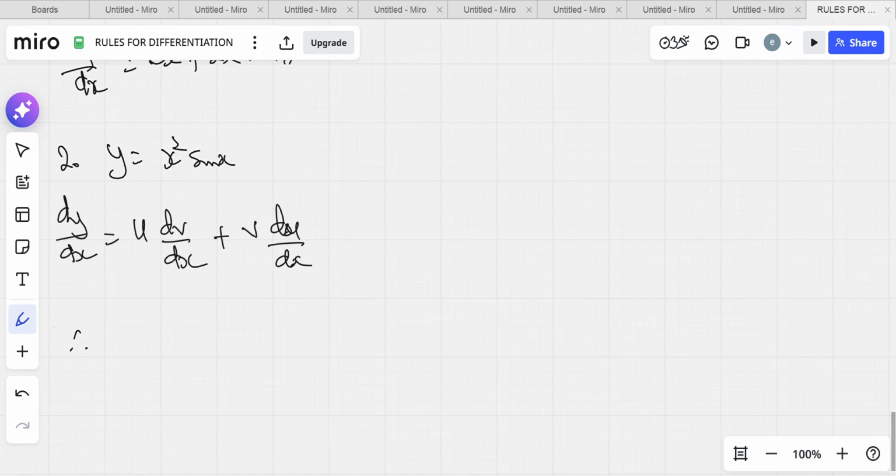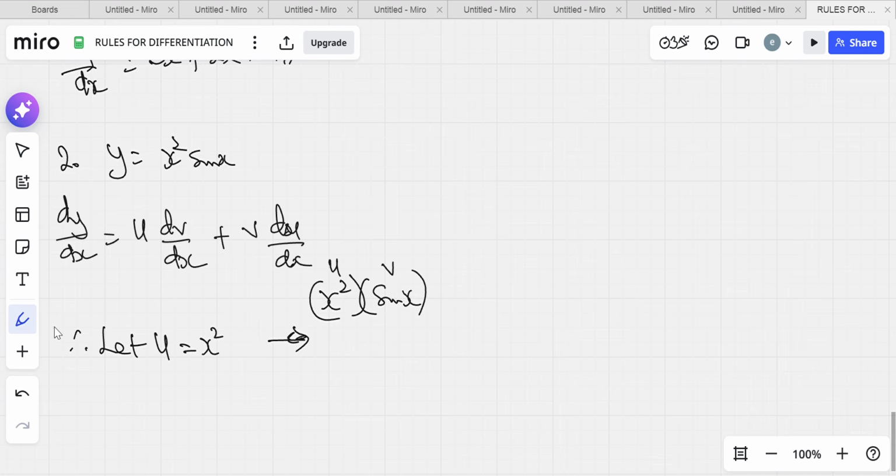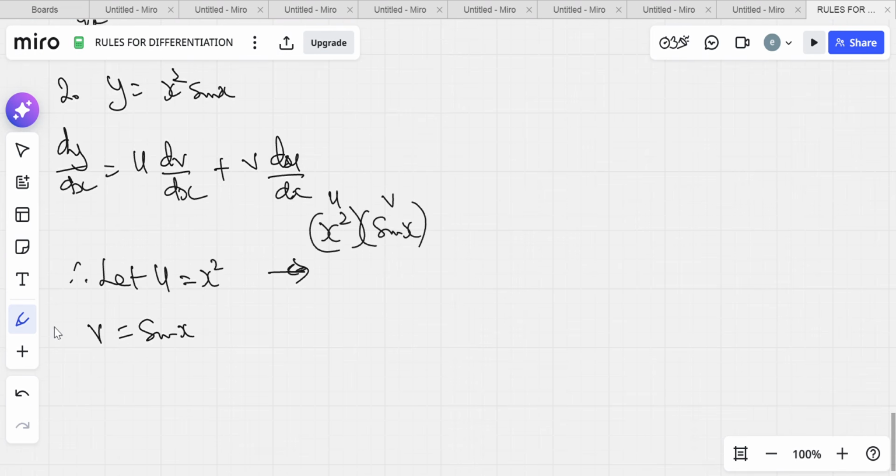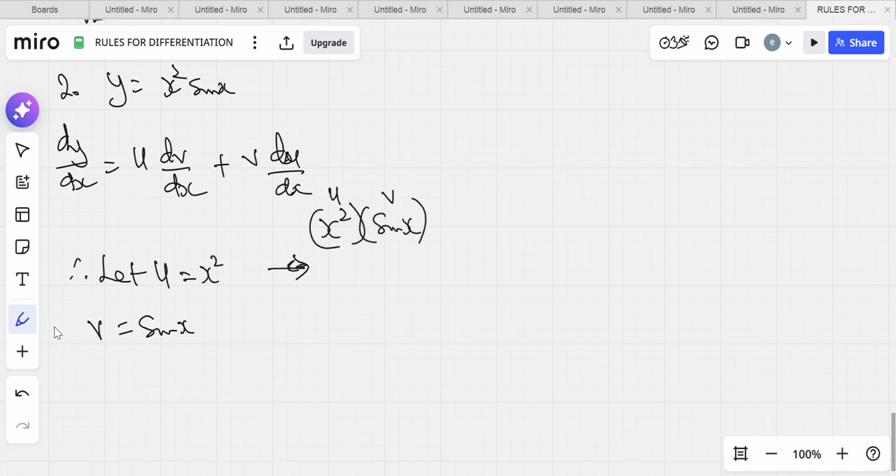We'll now say let our u be x squared, because in this function, to expand it, I have x squared multiplying sine x. This one is our u and this one is our v. I hope it's clear now. And also let our v be sine x. So with that, we begin to go.